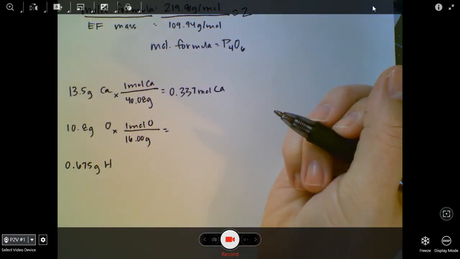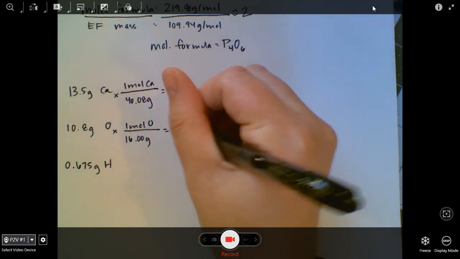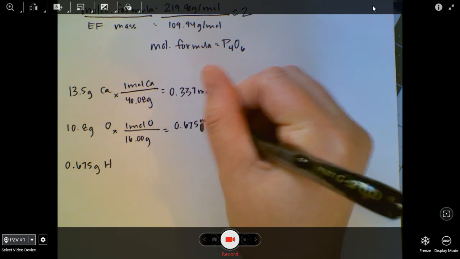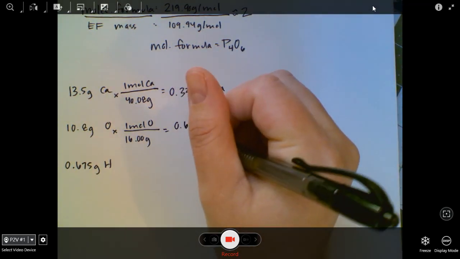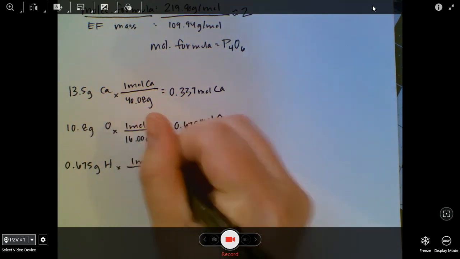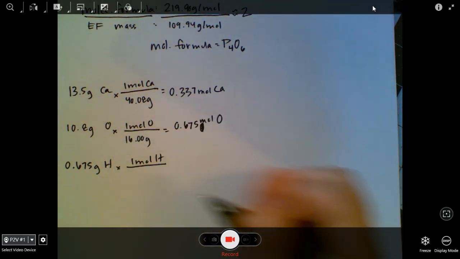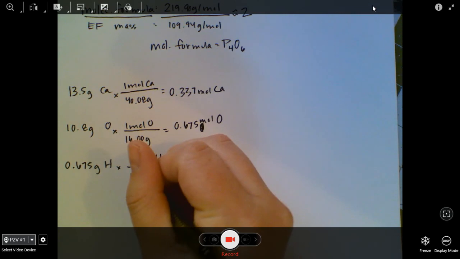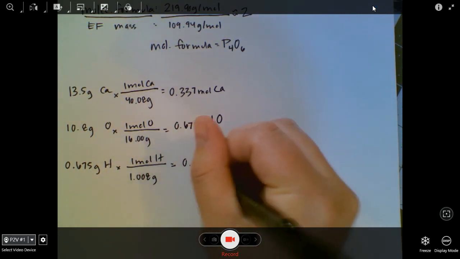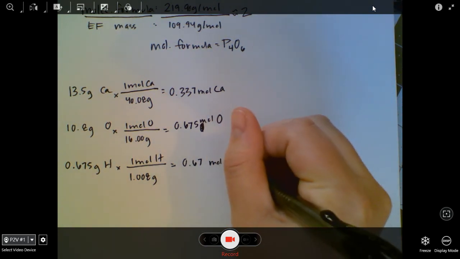And so if I convert and do the math for the moles, I get 0.675 moles of oxygen. Thanks for being patient with me. And then if I do the same thing for hydrogen, 1 mole of H, not H2, for 1.008 grams is equal to 0.67 moles of H.